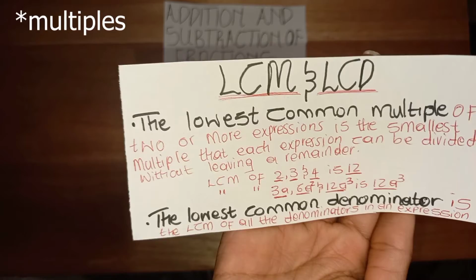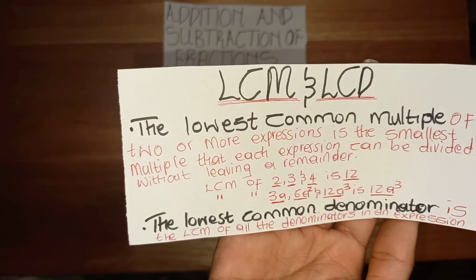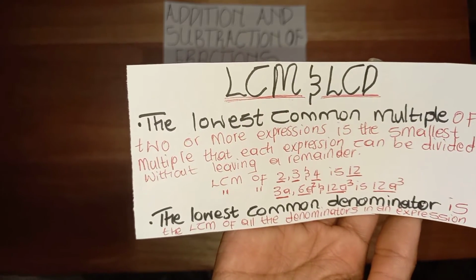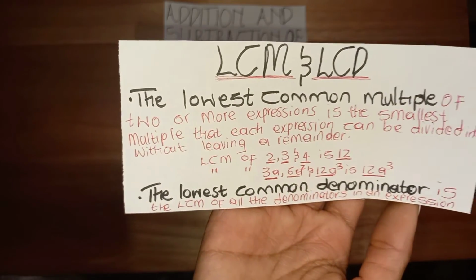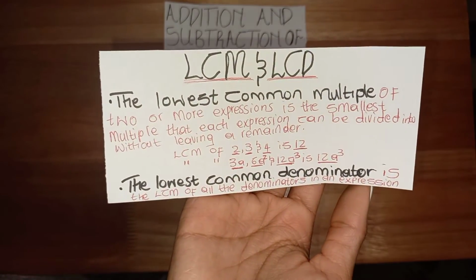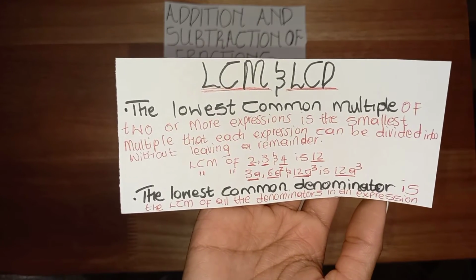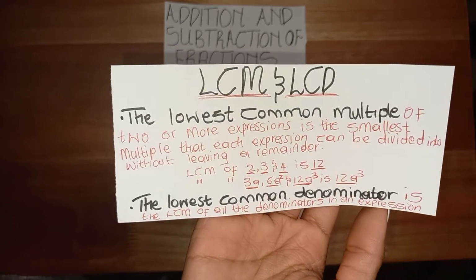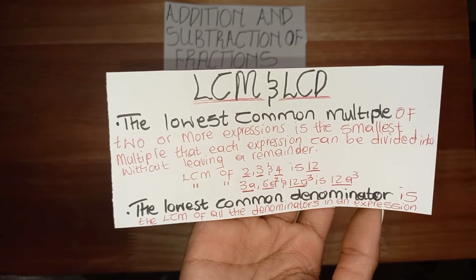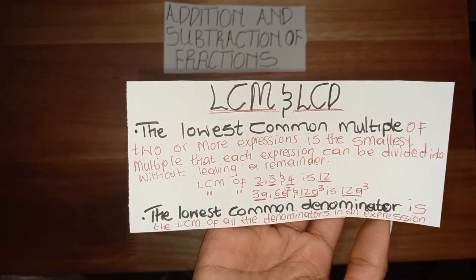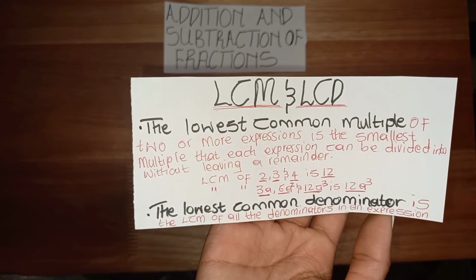Then the multiples of 3: 3, 6, 9, 12. Then the multiples of 4: 4, 8, 12, 16. When you check the common multiple amongst the three, the smallest is 12.